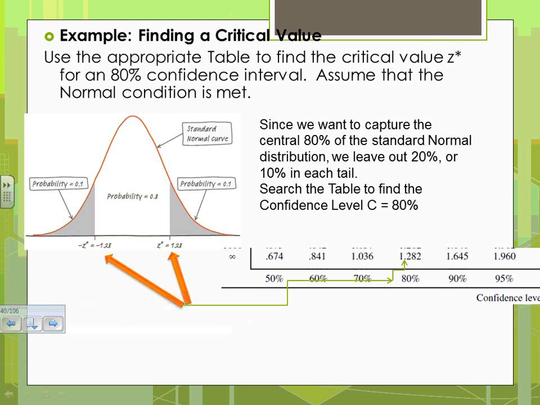Use the appropriate table to find the critical value for an 80% confidence interval. Assume that the normal condition is met. Here we're going to go to table B again and go down to the bottom, and the critical value, the z star, is going to be with the infinity. Look above where 80% is, and right above it would be 1.282.